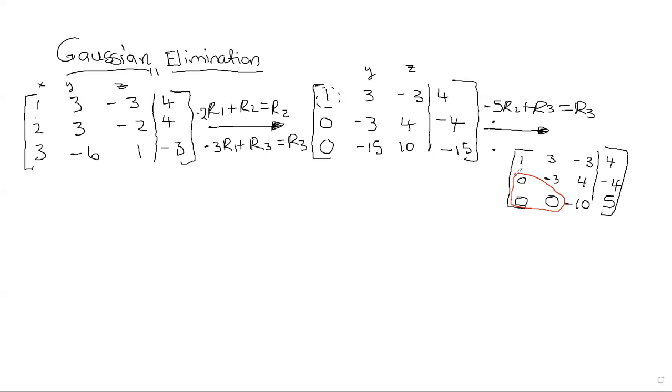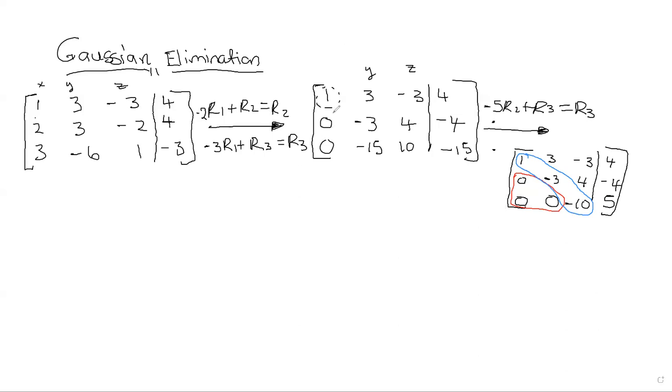Once we have something like this, ideally here you should be having all ones, but you can always get ones by just dividing. Like here you can divide by -3 and you get 1. Here you can divide by -10 and you get 1. But we try avoiding that until when we're trying to solve for the answer.